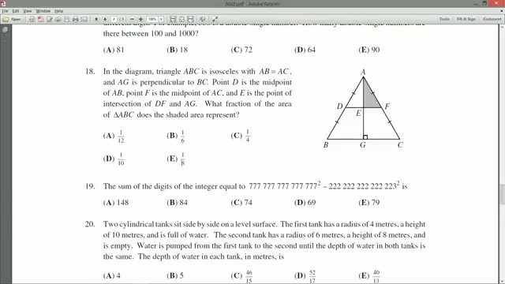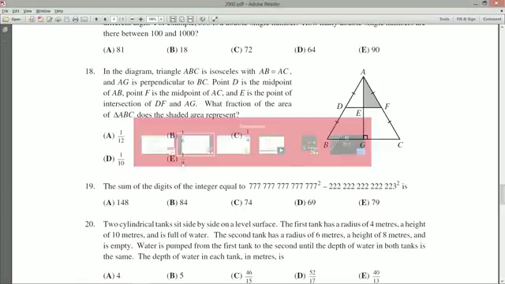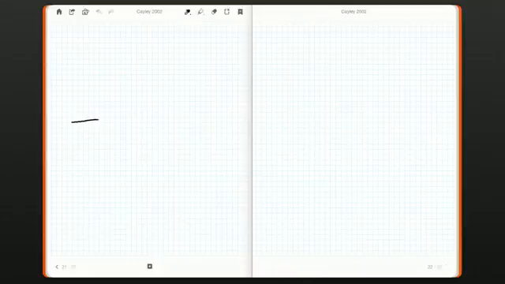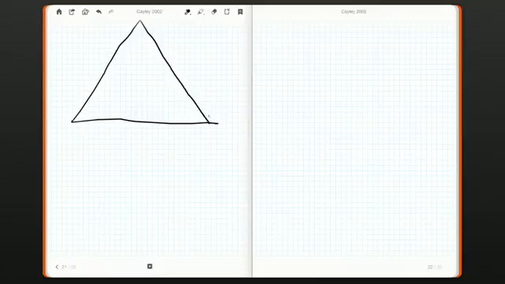All right. Now, let's write it out a little slower and talk a little bit more about it, in case this is maybe your first time seeing a question like this. So let's draw our picture. That's isosceles enough. And we have AG.